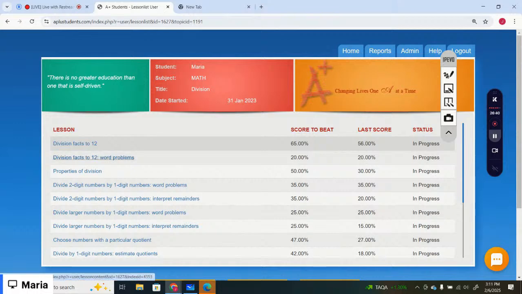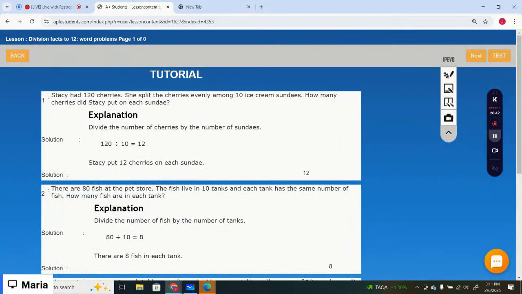The next lesson is division facts to 12 word problems. Stucky had 120 cherries. She split the cherries evenly among 10 ice cream sundaes. How many cherries did Stucky put on each sundae?